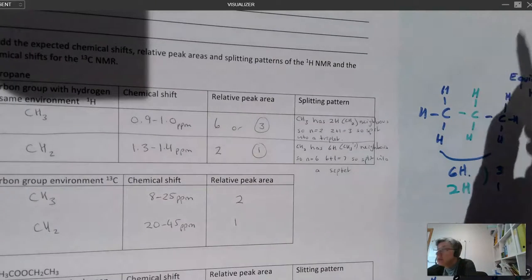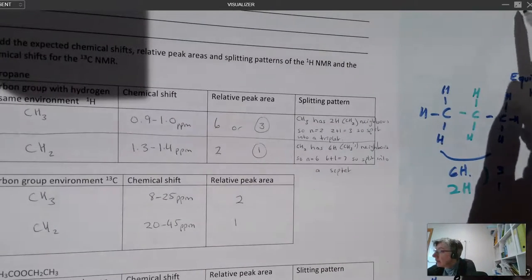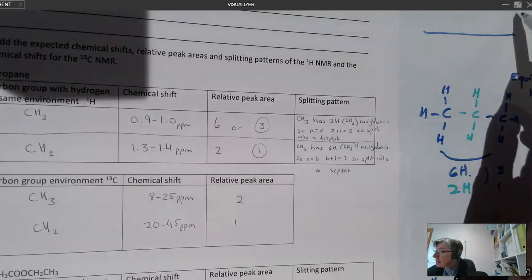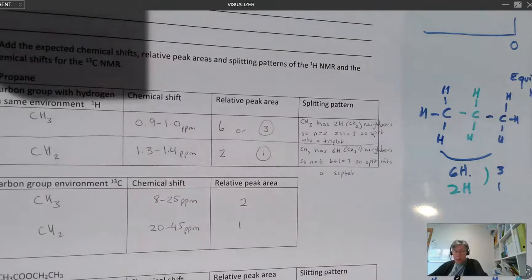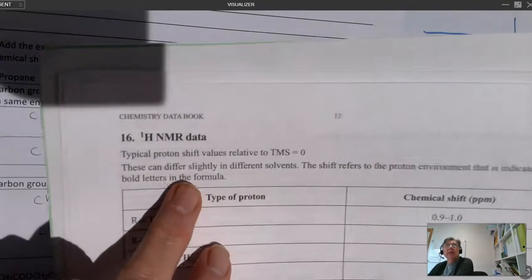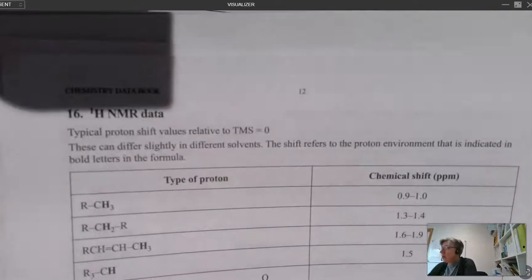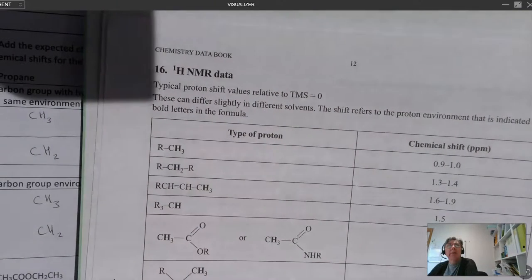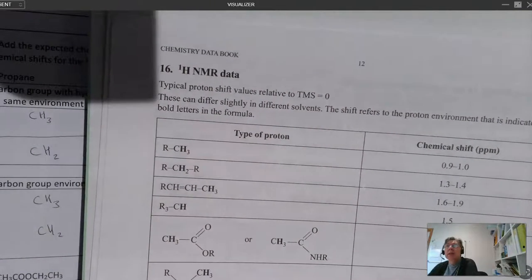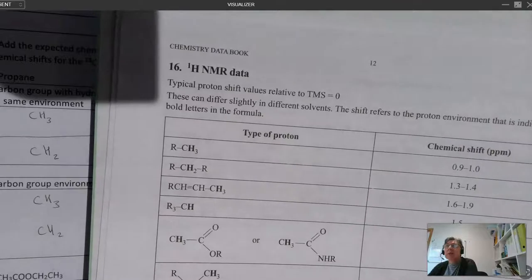So if we're drawing the graph, it would look like this, TMS here, and then if we look up the data booklet, for CH3s attached to something else, the chemical shift is 0.9 to 1. And then the CH2s in the middle, attached to something, would be a chemical shift of 1.3 to 1.4.